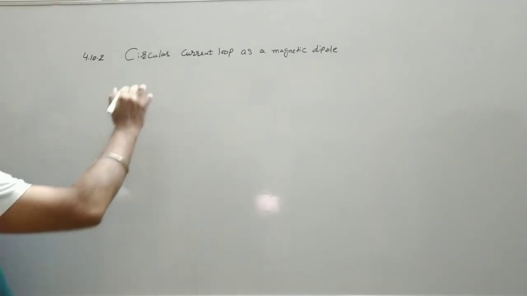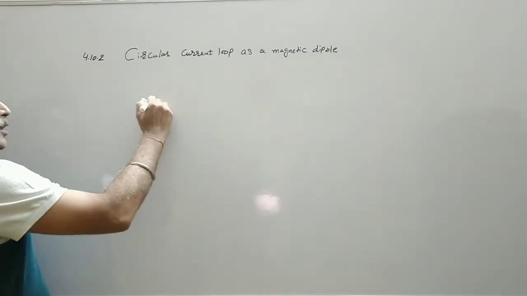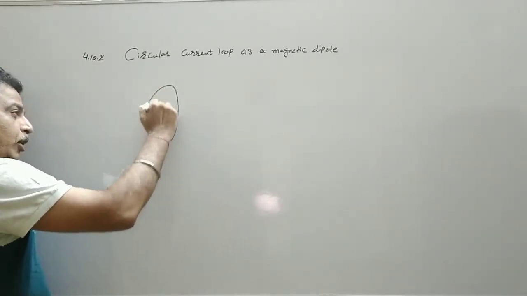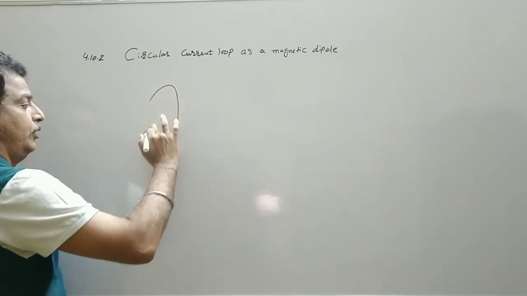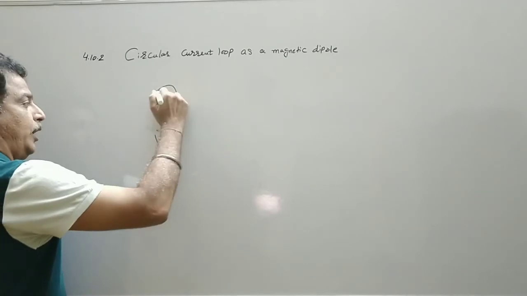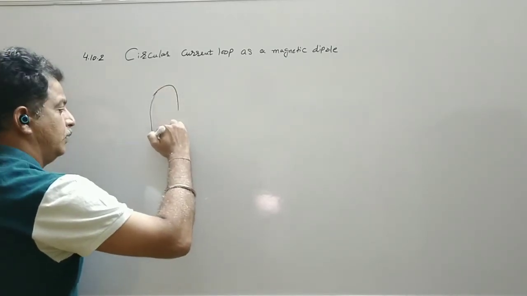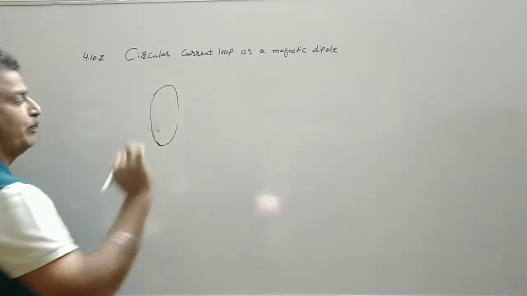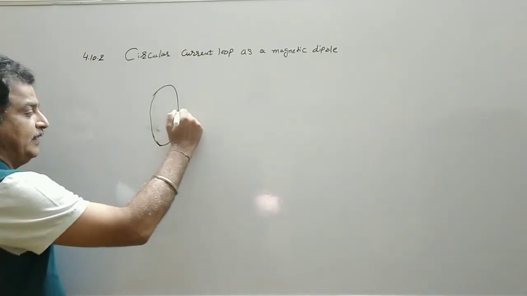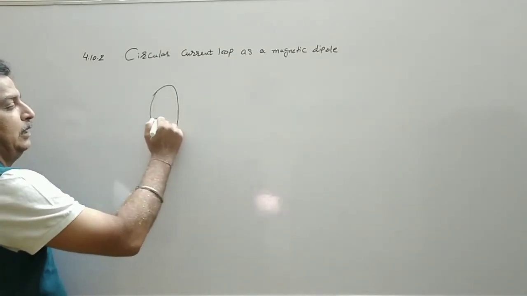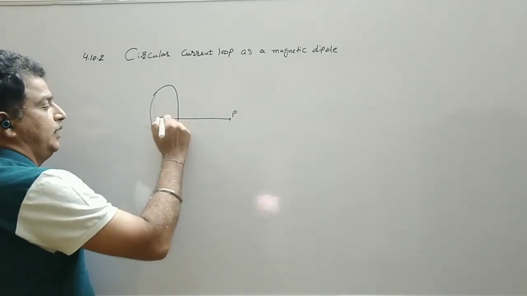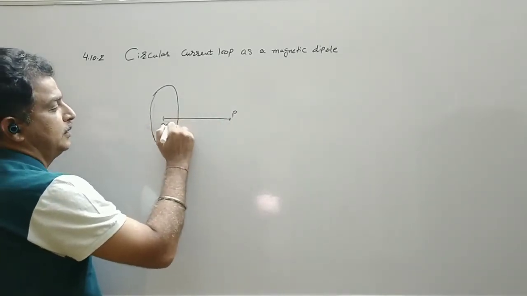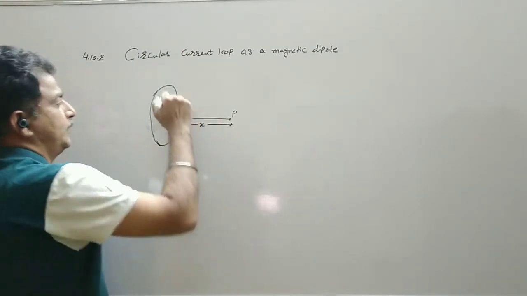Now let us consider a circular current loop, again as we have found the magnetic field on the axis of this loop. Let us assume that the loop is placed in the YZ plane and we have found the magnetic field intensity at a distance x along its axis.